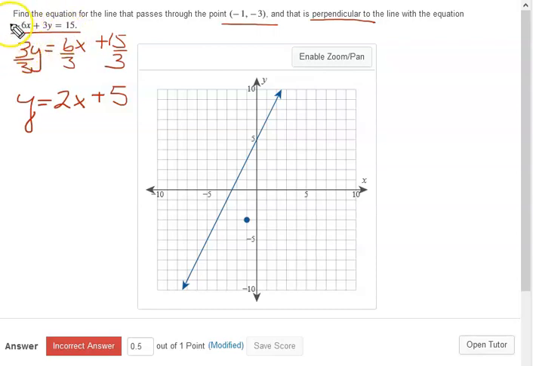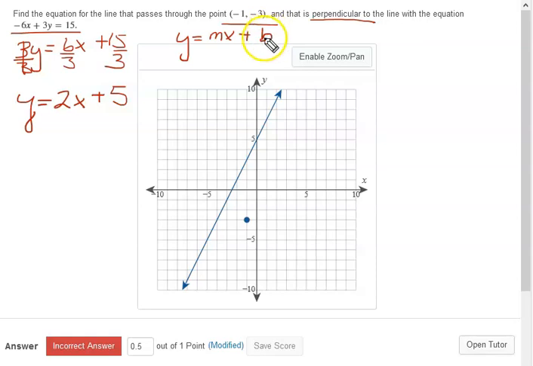So I write it out, and I'm going to transpose the negative 6x to this side, where it becomes a positive 6x plus 15. Divide everything by 3. And now I get it in slope-intercept form. Just for review, y equals mx plus b.